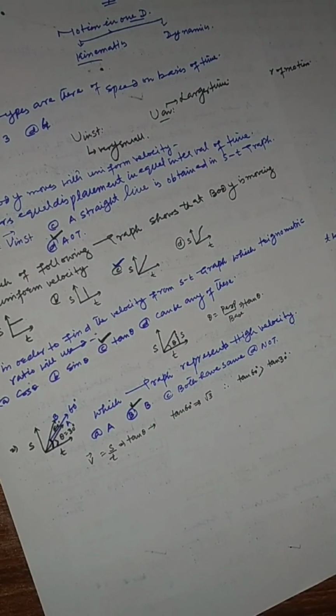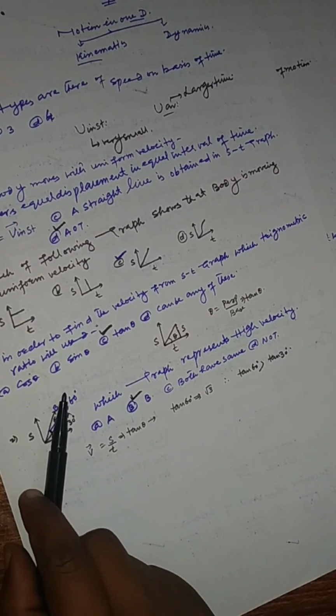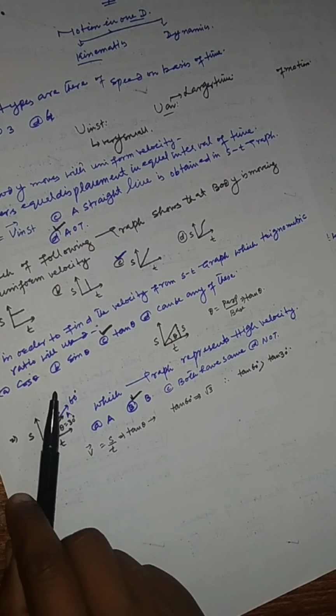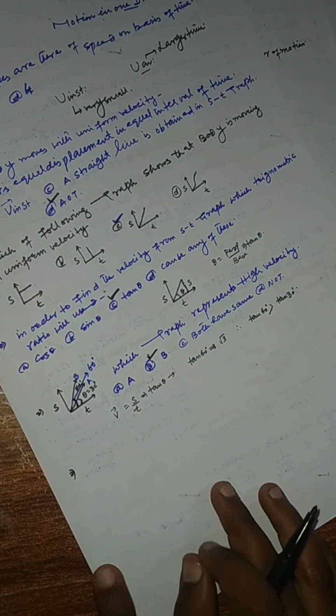This can be understood in another way: the speed will be higher for the graph having the higher slope. B has a higher slope than A, so B will have more velocity.